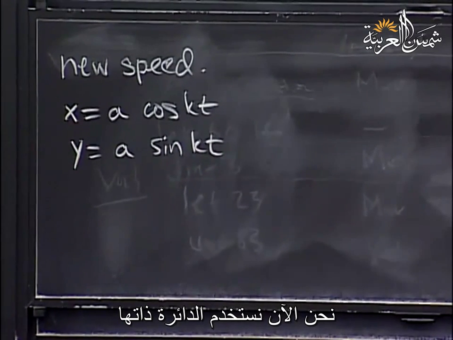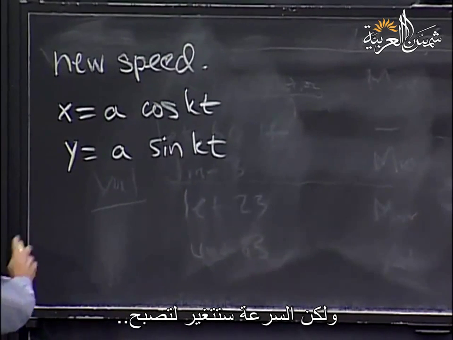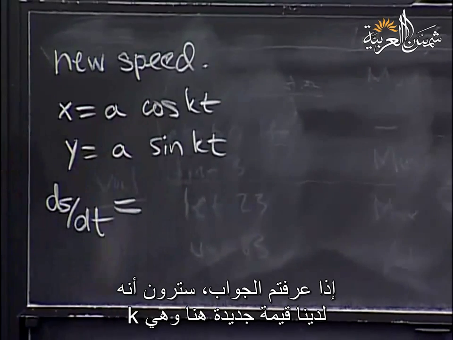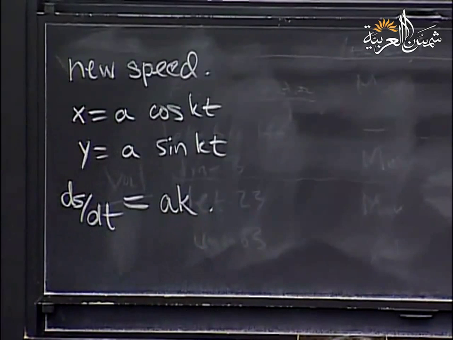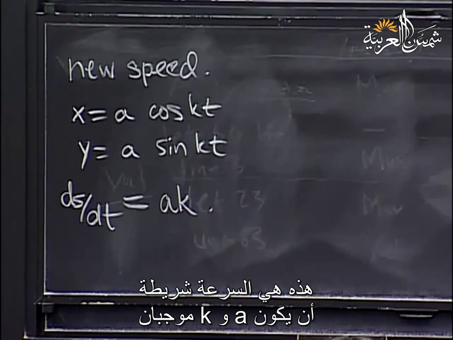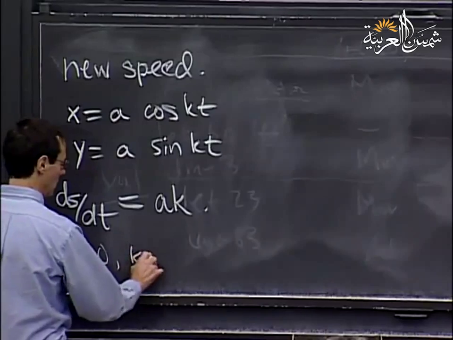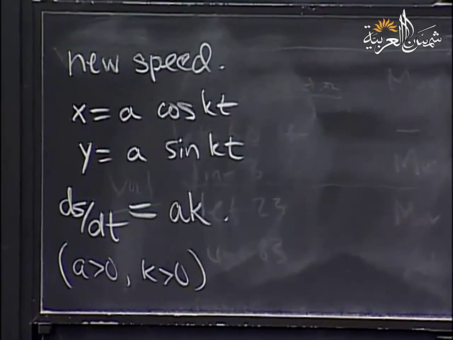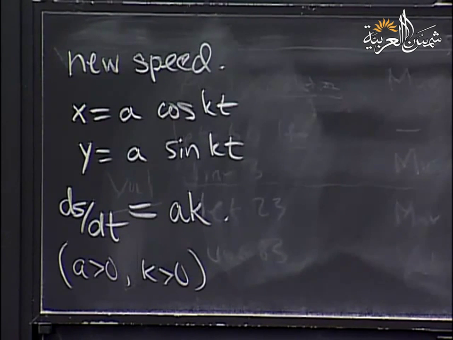Now I'm tracing around the same circle, but the speed is going to turn out to be, if you figure it out, there will be an extra factor of k, so it will be a times k. That's what will work out to be the speed, provided k is positive and a is positive. So we're making these conventions that the constants that we're using are positive.